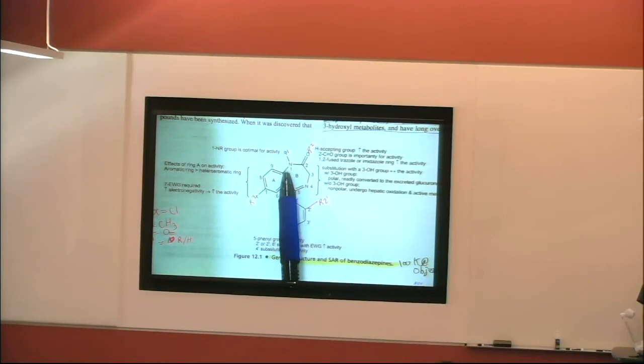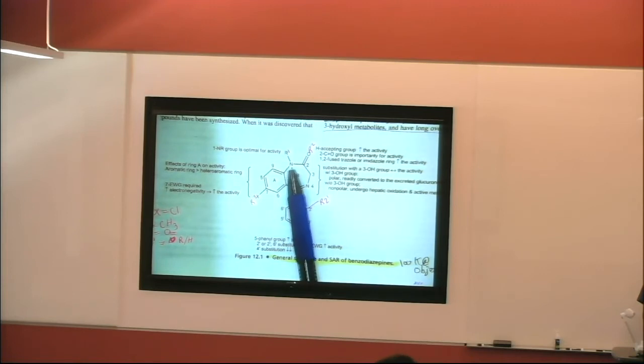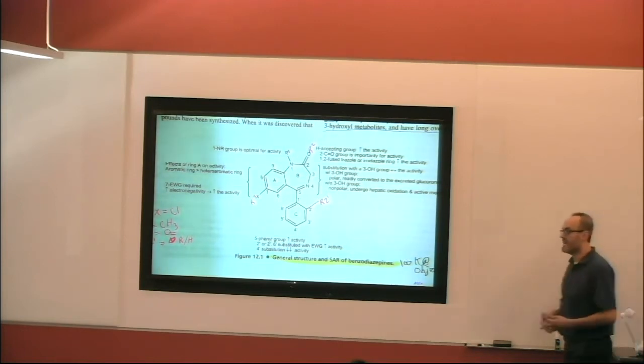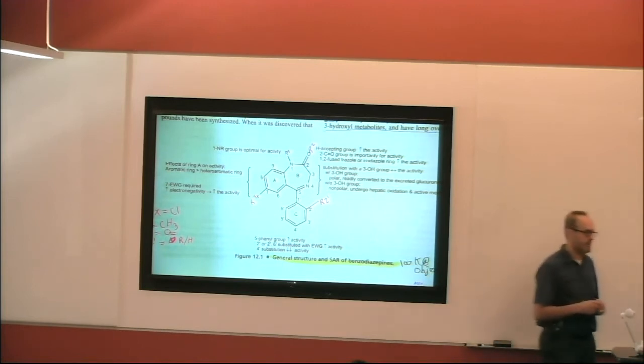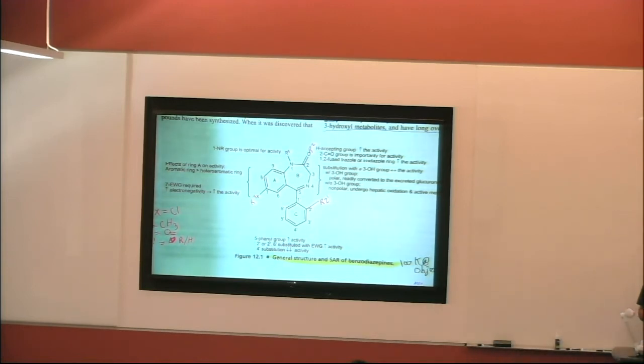At the nitrogen here, if we replace the nitrogen by oxygen, carbon, sulfur, anything, what happens to the activity? It's reduced or lost. So the optimal activity is when you have a nitrogen. What else?